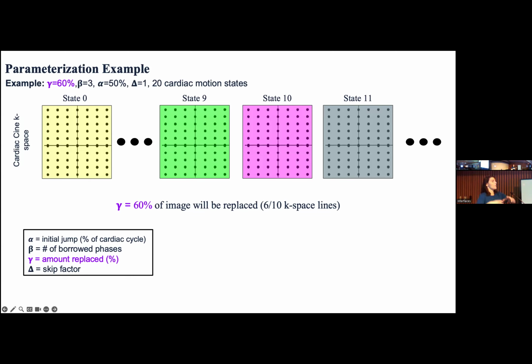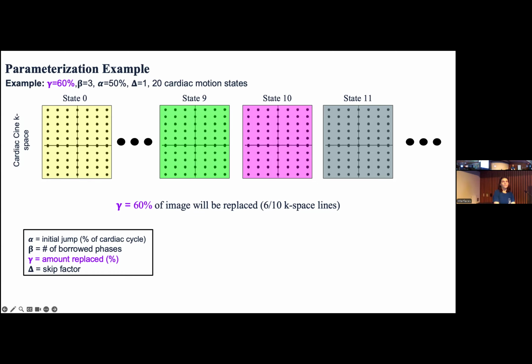But granted, it occurred over multiple cardiac cycles. So it's not like we managed to actually make the person still. It's just that we separated the data based off what motion state we believe they were in. It does a pretty good job, but it means that you have to scan a lot longer and you can't get a lot of the quantitative information that you want, because you're basically breaking up your data. It's not really continuous.